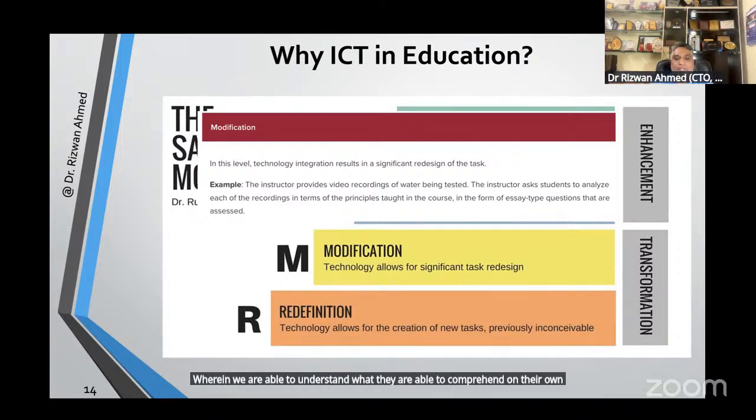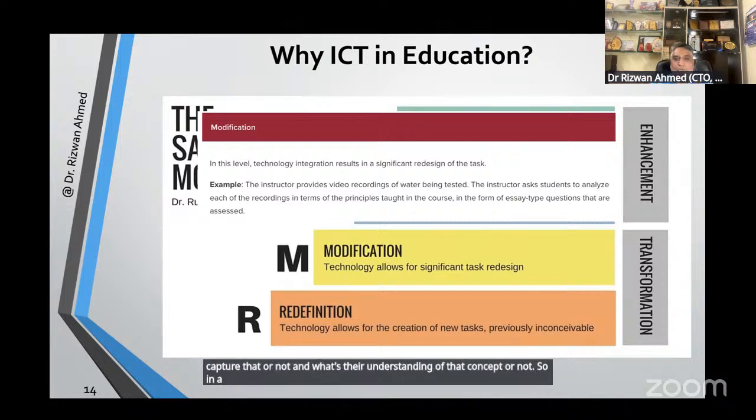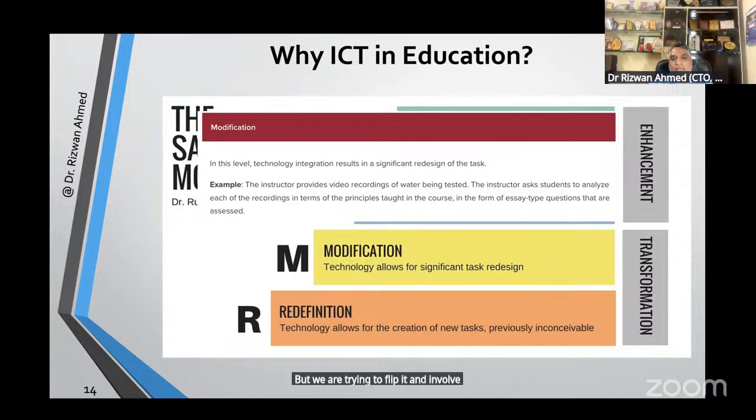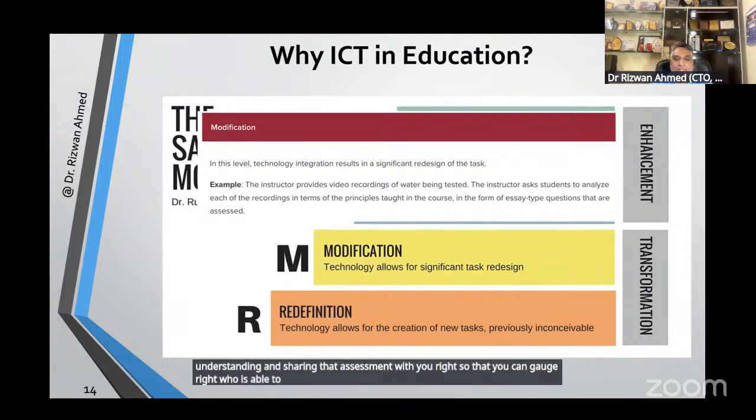That is where we are able to judge whether they're able to capture the concept they're supposed to learn from that video recording, and what their understanding of that concept is. So we have the same content, but we are trying to flip it and involve students in attempting their understanding and sharing that assessment with you, so that you can gauge who is able to understand it better and maybe use that in your sessions to interact in a better way with most of your class.